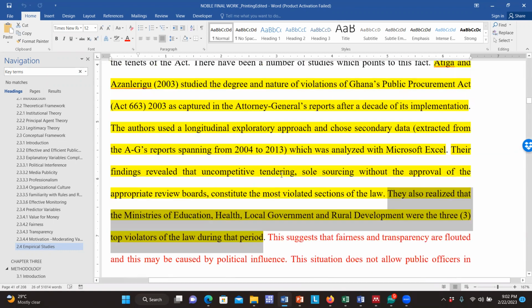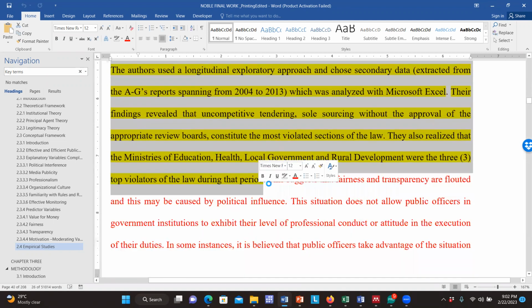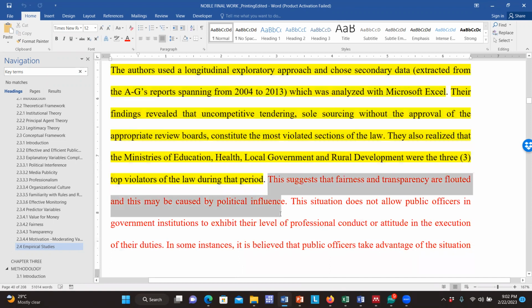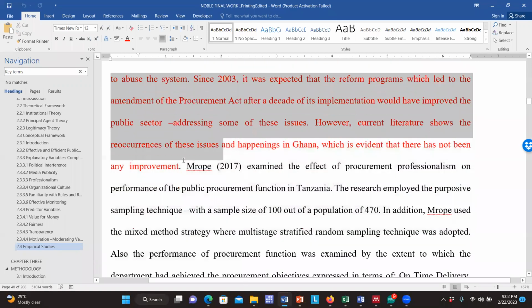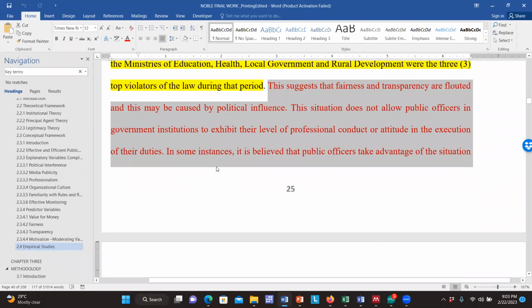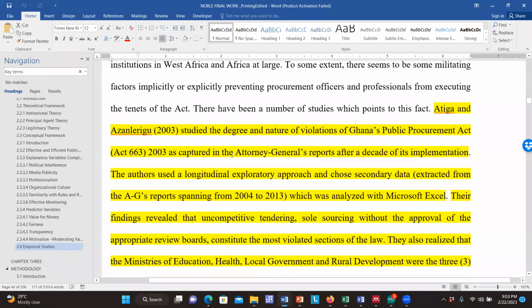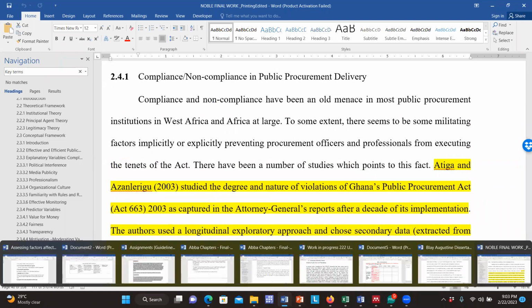You realize that even though he did the review here, his contribution matched the same content. So this is what we do in the literature review part. But when you are doing the proposal, you are not expected to do this extensive review.